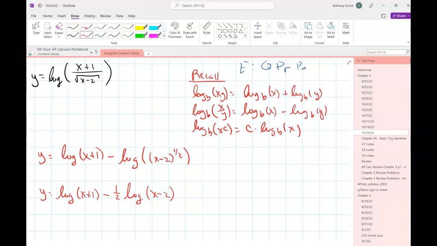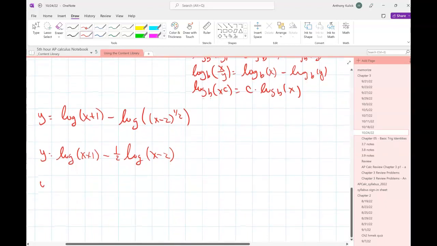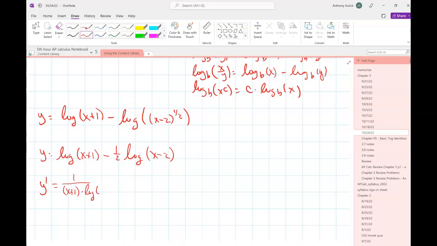These two derivatives that I'm left with now are pretty easy, right? If I take the derivative of log of x plus 1, well, the derivative of a logarithm is 1 over the inside, times the natural log of the base of the logarithm.